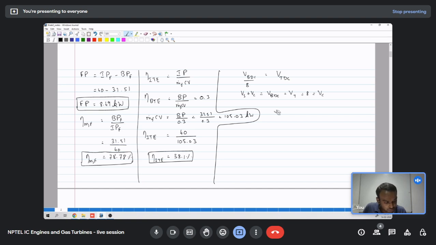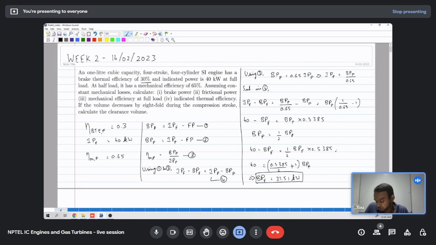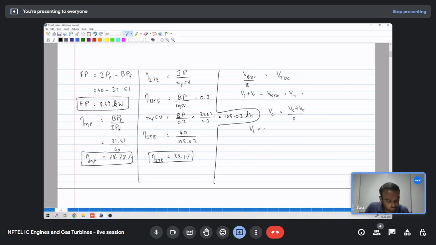So clearance volume VC is equal to V BDC, Vs plus Vc, by 8. It was given the engine is a 1 liter cubic capacity engine, so that means Vs is 1 liter.